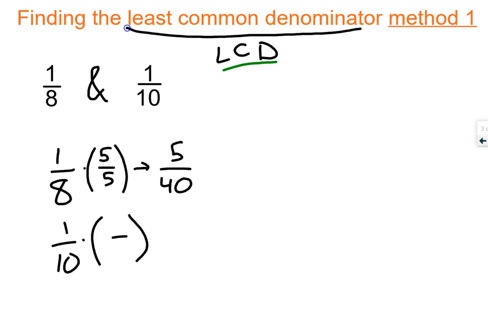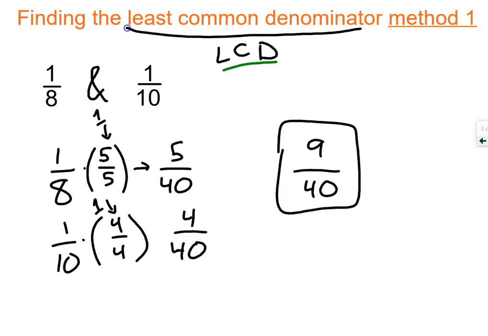We need to multiply this by 4/4. The number you multiply by can be different. Notice it's just the number 1. This is also just the number 1. So multiplying across the top, 4 over 40. Notice we have a common denominator. Now we can combine them to give us 9/40. So the least common denominator, that is method 1 to adding or subtracting fractions with unlike denominators.